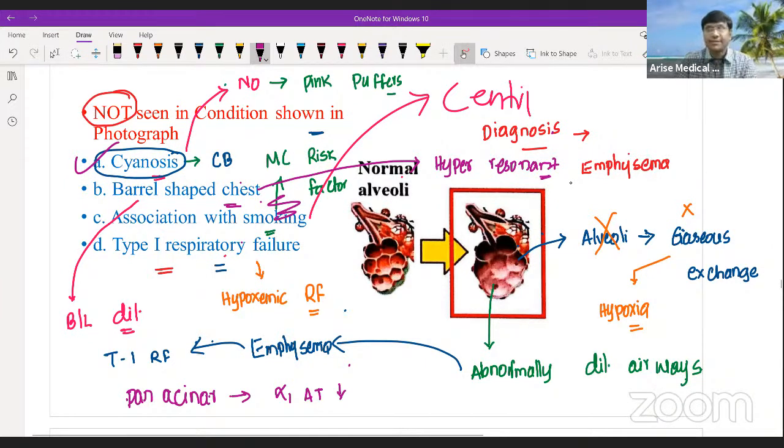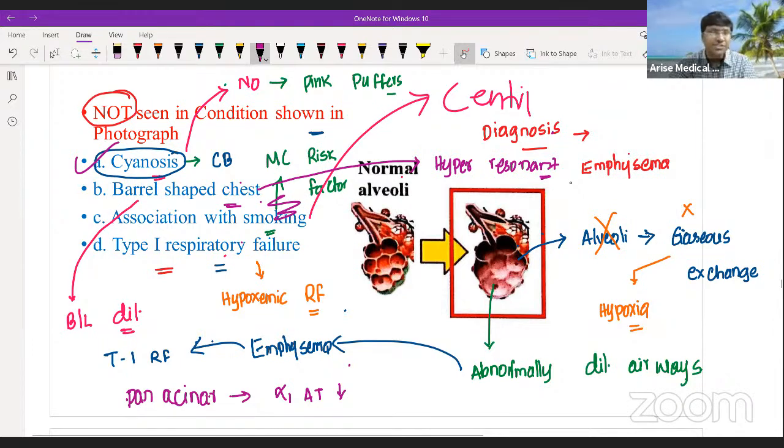So these are some of the images related to pulmonology. This session I will wind up at half an hour, and we will do one more session on images related to pulmonology.